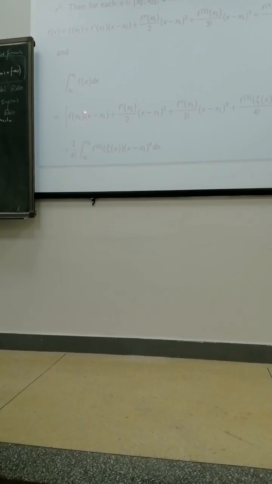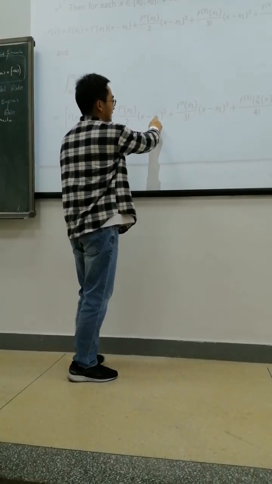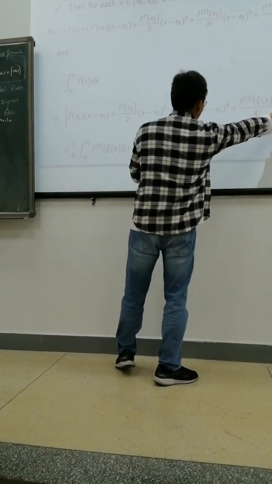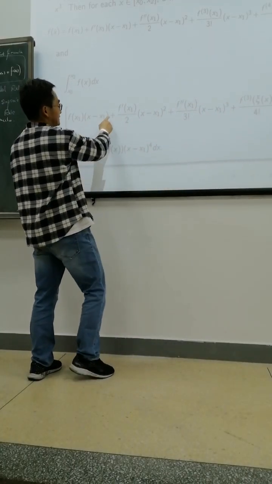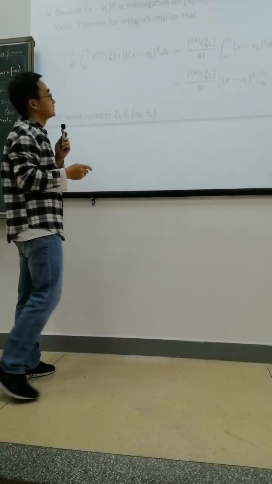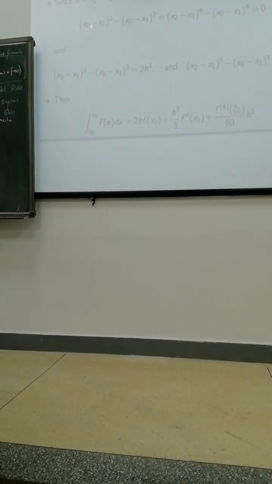And the other part, x minus x. Here with x0, x1, we put x2 here, and x0 here. We must have x2 minus x1, and x0 minus x1. So here it's x2 minus x1, x0 minus x1.